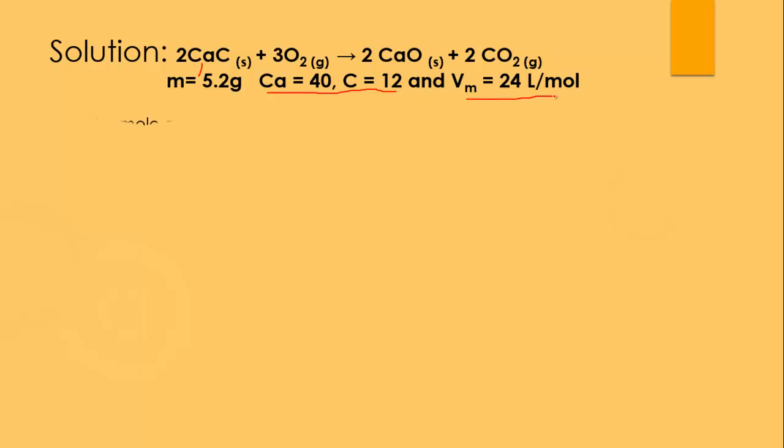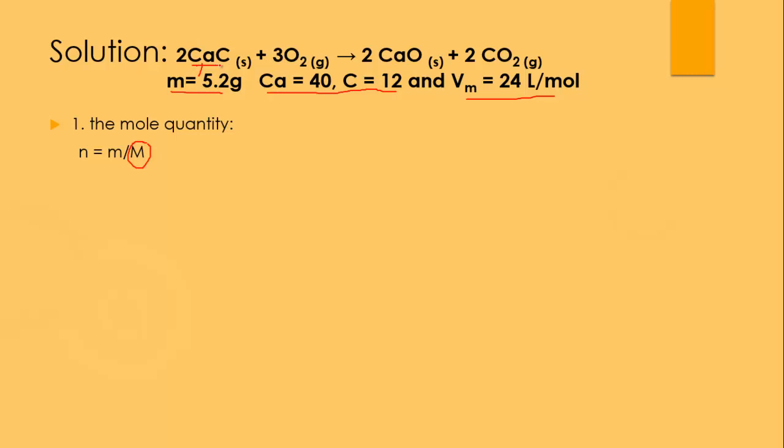The first part, I asked about the mole quantity of calcium carbide. How to calculate the mole quantity of calcium carbide? Okay, we have the mass and we have the molar mass, so the relation is n equals mass over molar mass, and mass is given. Then we want to calculate the molar mass of calcium carbide.